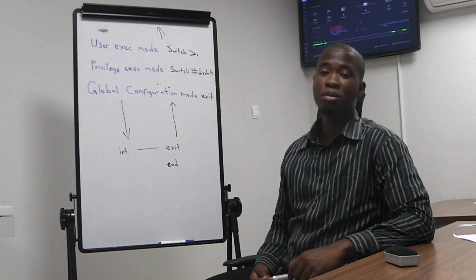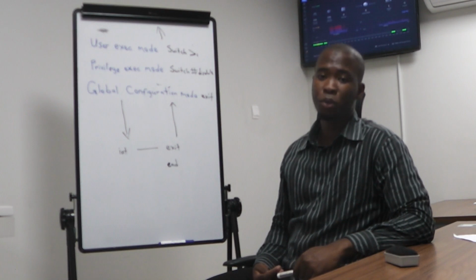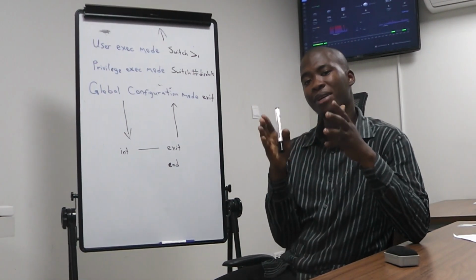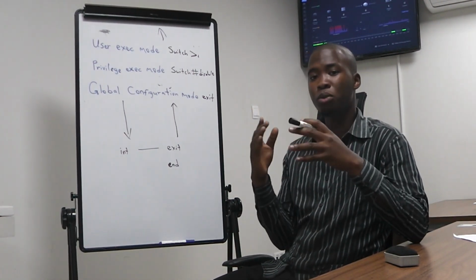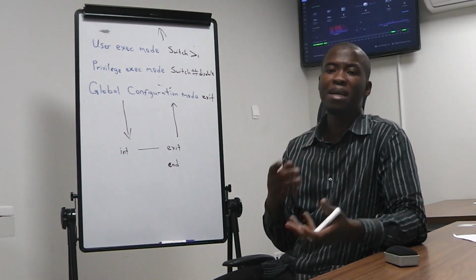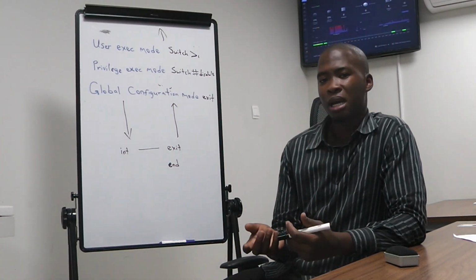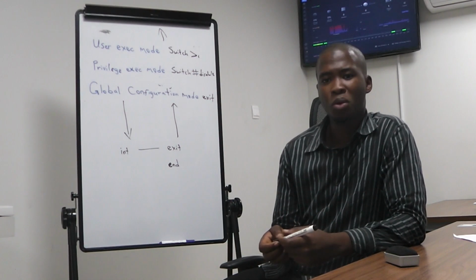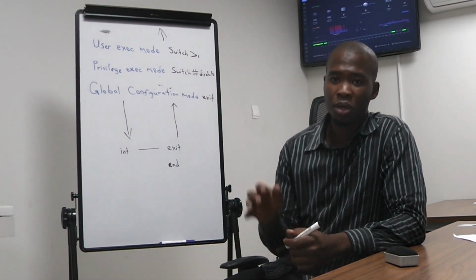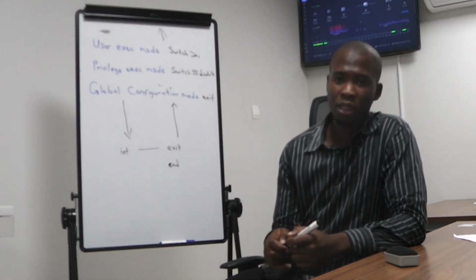So for identification purpose, it's important that you give the device a name. The name that you give does not affect the operation of the device or how it works in any way. We are just using it for identification purpose.